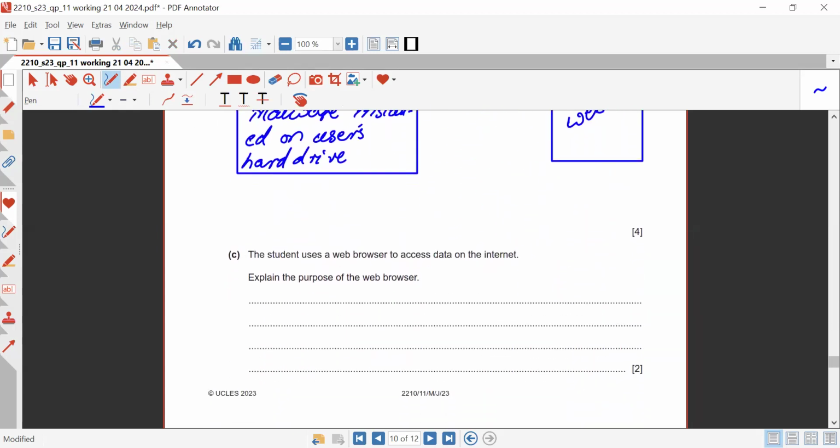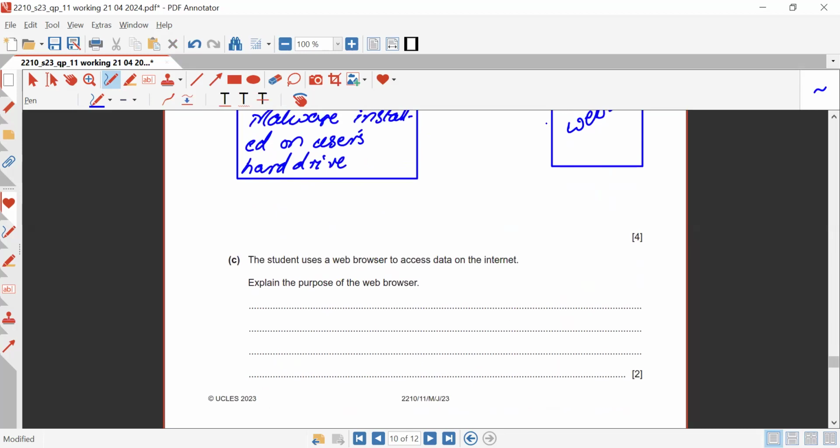Okay. Now for part C, what do they say? They say the student uses a web browser to access data on the internet. Explain the purpose of the web browser. We did this one as well, in the other variant.